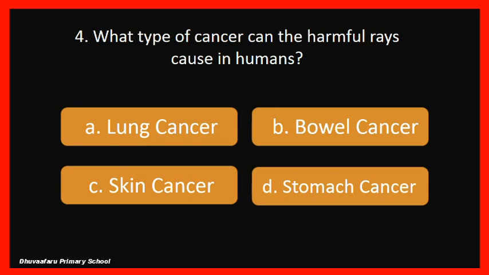Question number 4. What type of cancer can the harmful rays cause in humans? Option A, lung cancer, B, bowel cancer, C, skin cancer, and D, stomach cancer. So students, which is the correct answer here?